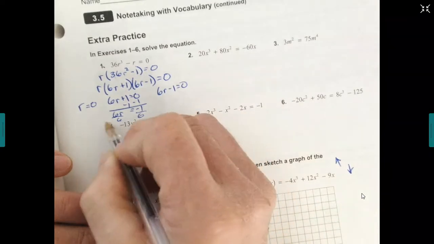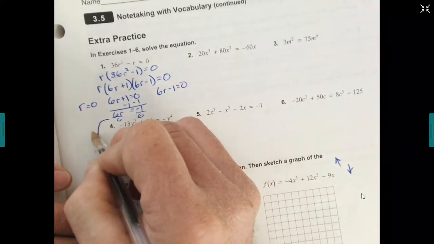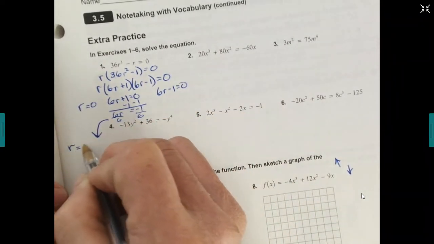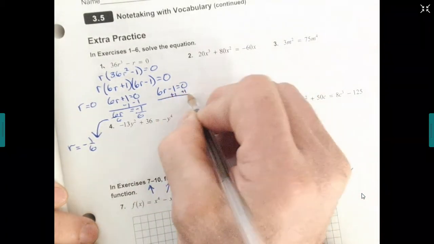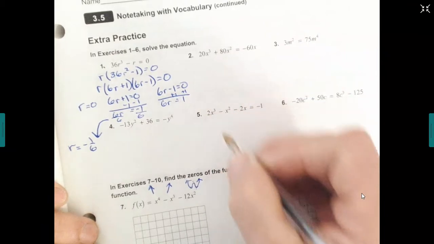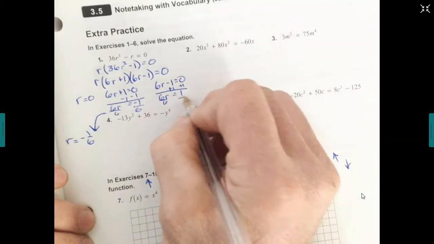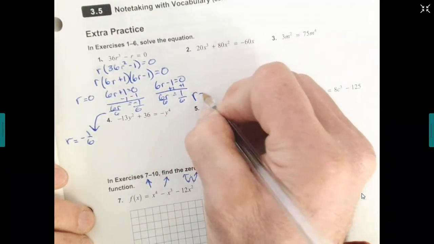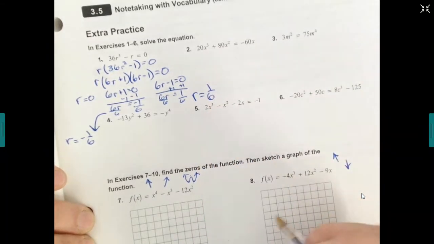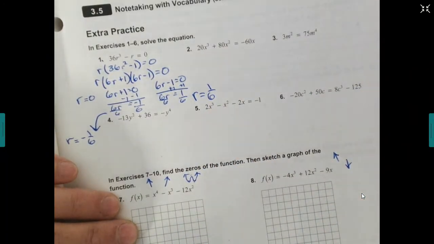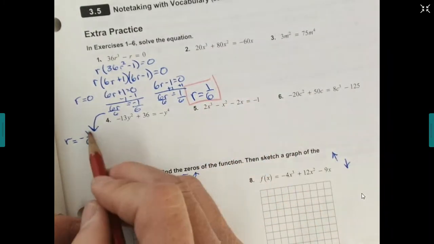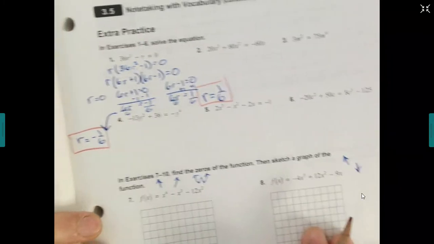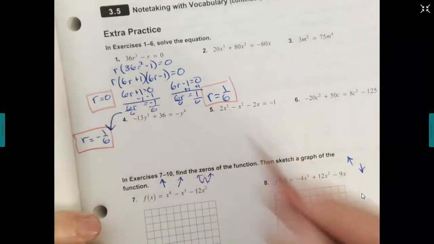So we get, for this one, sorry, I ran out of room, r equals negative 1/6. And for this one, 6r equals 1. Divide by 6. So I have r equals 1/6. So I have three answers. It crosses the x-axis at 1/6, crosses the x-axis at negative 1/6, and it crosses the x-axis at 0.